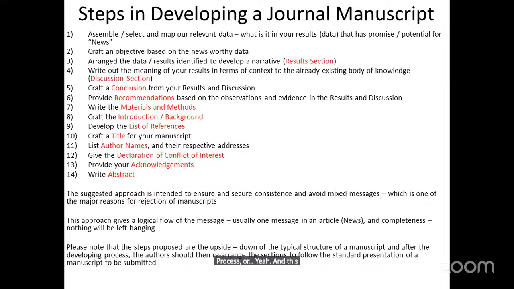And this is very easy to write because it should not be a lifting of what your materials and methods are from the thesis. But it should now be a description that relates to the data that you've selected.